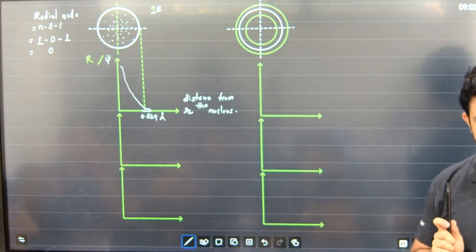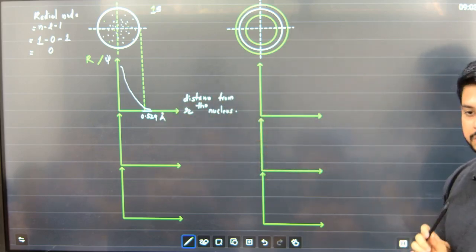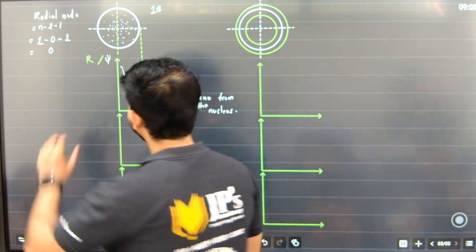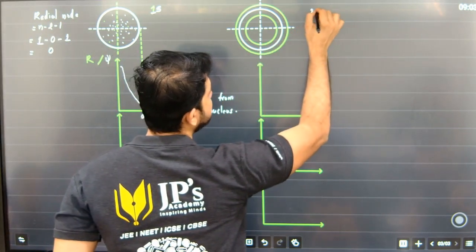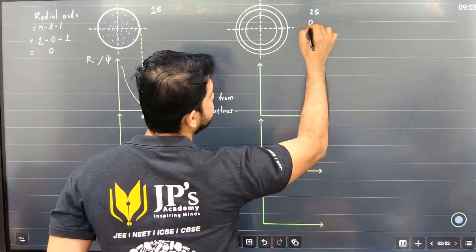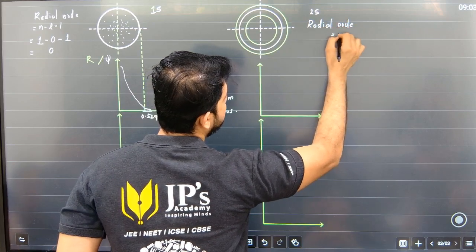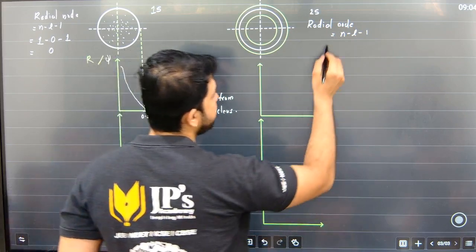With me till here? But when I plot the same for 2s, what is the difference between the number of nodes in 1s and 2s? 2s में if I try to find the number of nodes, how many radial nodes are there? वापस से formula, n minus l minus 1. How much is n over here?